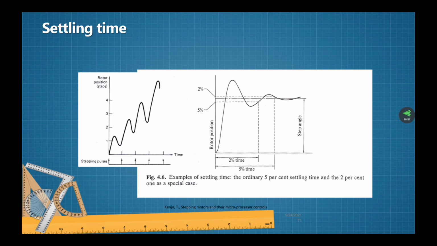Now, this is the graph of rotor position versus stepping force, and this is the step angle.